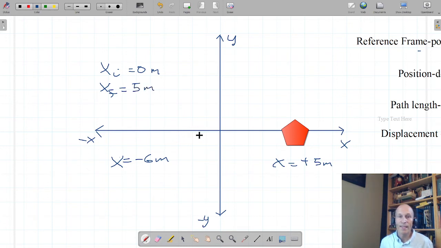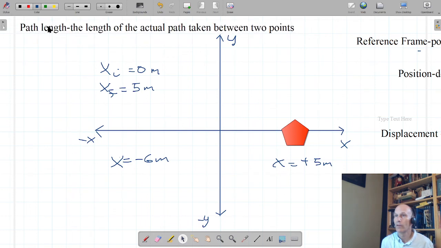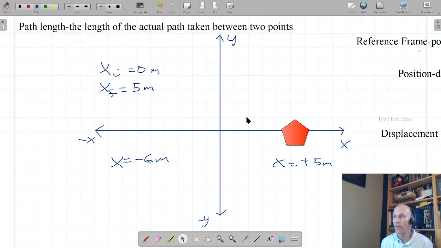Now, the distance the object moved was 5 meters. The path along which it moved was 5 meters. The center of it changed by 5 meters. So the path length, the actual length it took, was 5 meters.